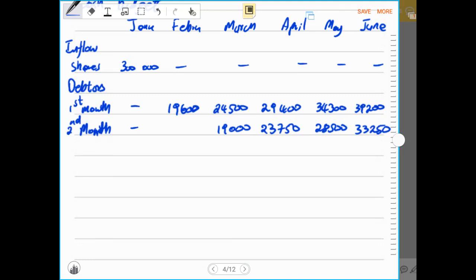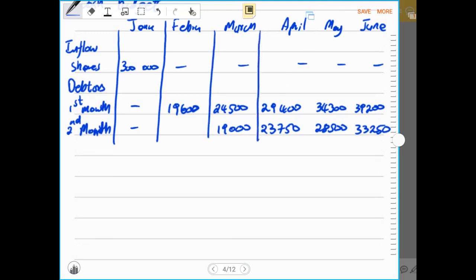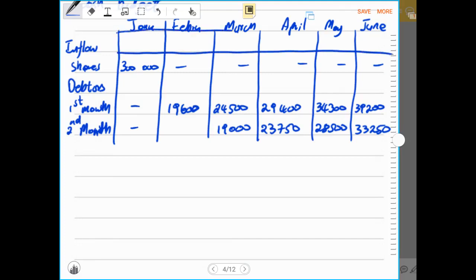Then we can have the total of all the inflows for all the months. So now we record the total of all the inflows. Here we'll have 300,000.